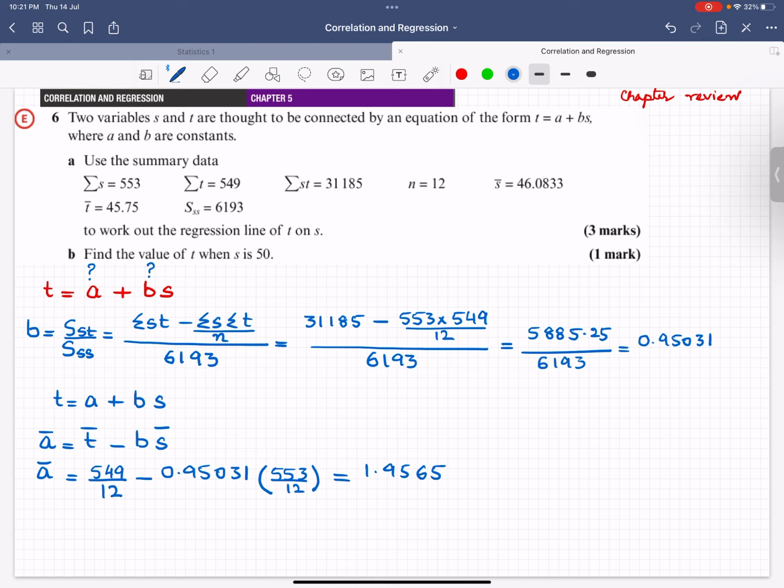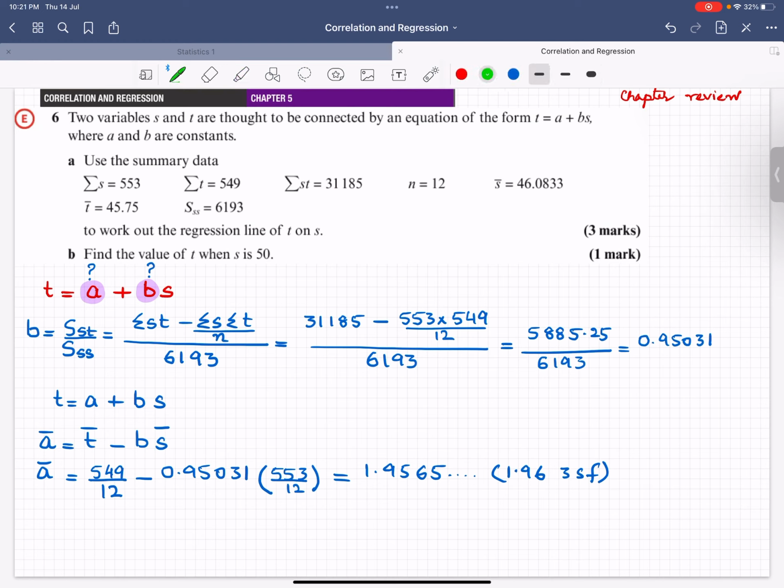If we round it to 3 significant figures, we get the answer as 1.96 to 3 SF. So we have now found the value of a that we were looking for and the value of b. Now we can complete the regression line by plugging in these values.